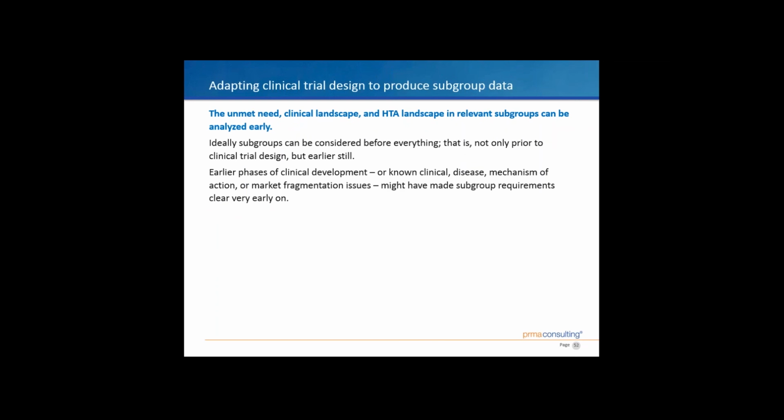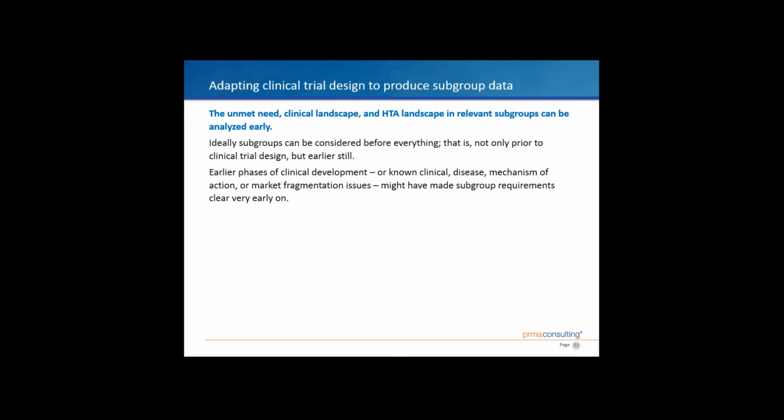So ideally, subgroups are considered before anything else. Early is better. Early is quite important. Many of the HTA agencies, particularly across Europe, either by precedent from previous assessments or explicitly in their submission templates, ask for pre-specification of subgroup analysis in trials.